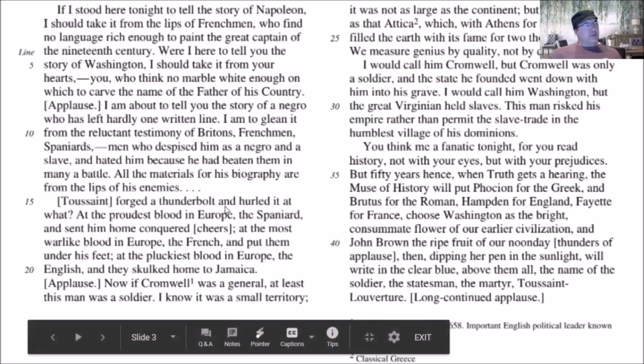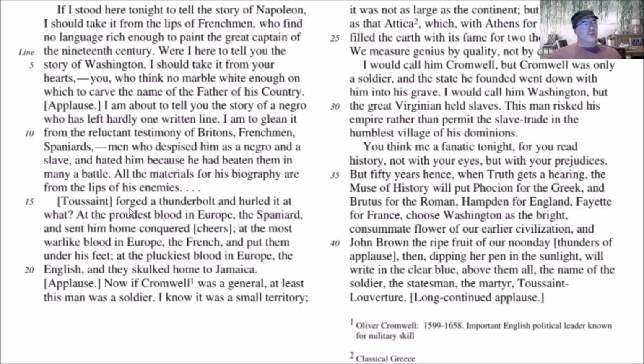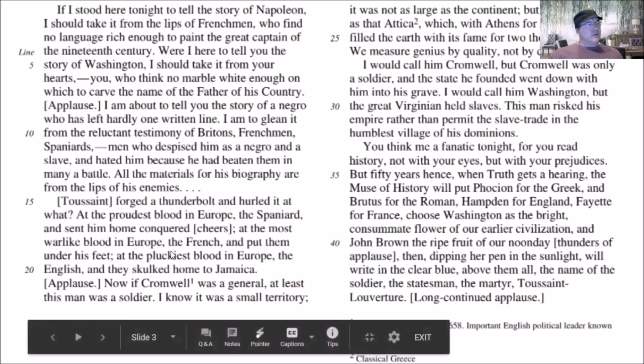"Toussaint forged a thunderbolt and hurled it at what?" Notice the diction, hurled, forged. He's using powerful language to make associations between Toussaint and some sort of god. "At the proudest blood in Europe, the Spaniard, and sent him home conquered, at the most warlike blood in Europe, the French, and put them under his feet."